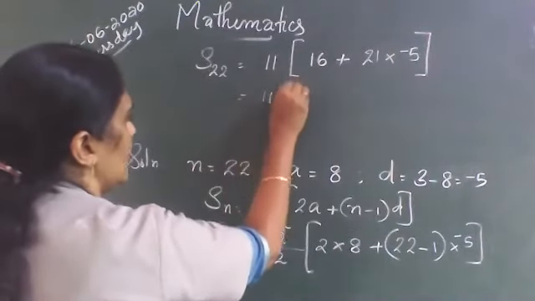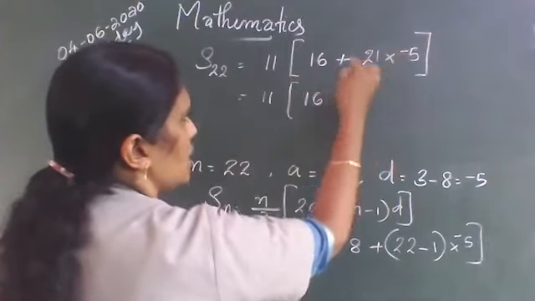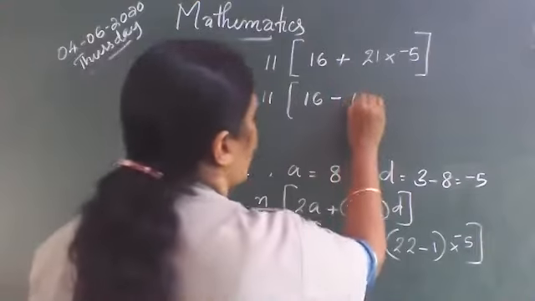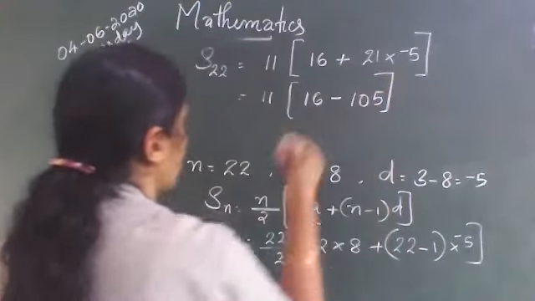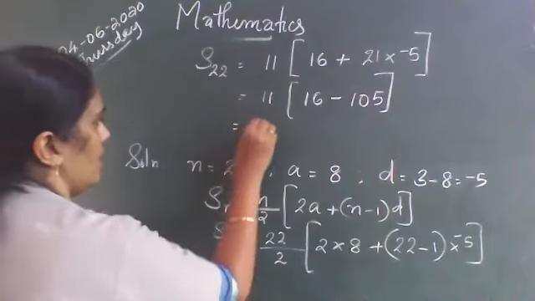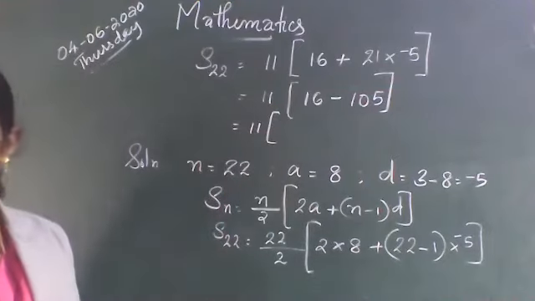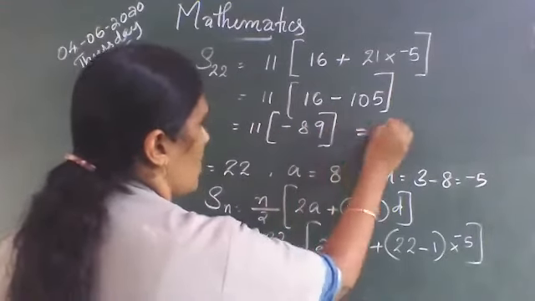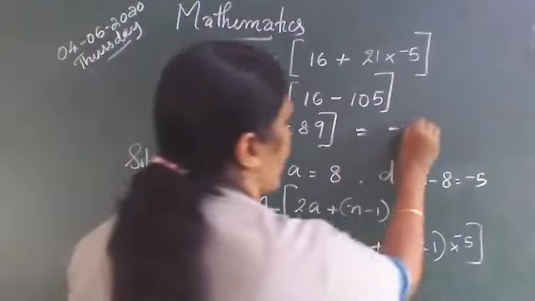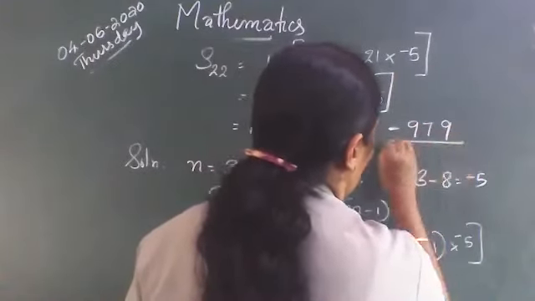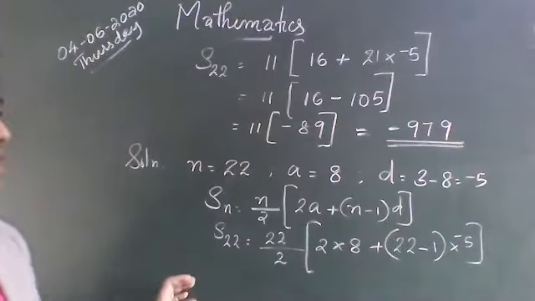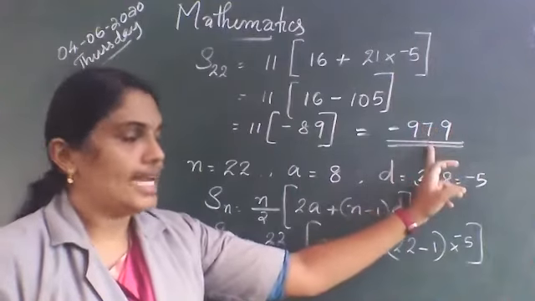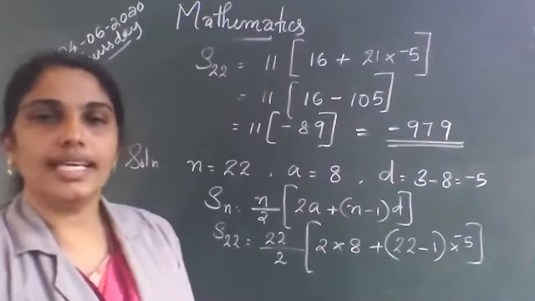Then 11 into 16 plus 21 into minus 5, which is minus 105. 11 into 16 minus 105 is minus 89. Our answer is minus 979. So the sum of the first 22 terms of the AP is minus 979. Is it clear?